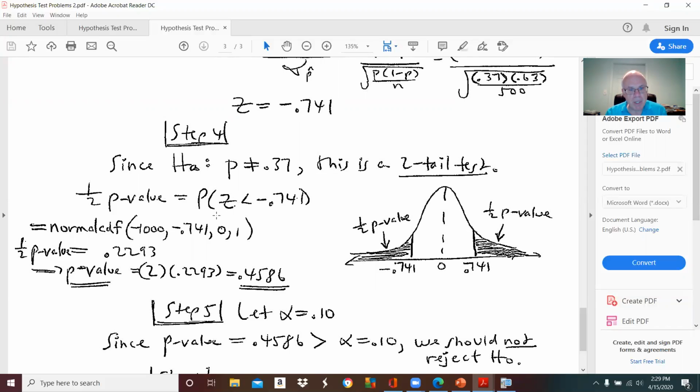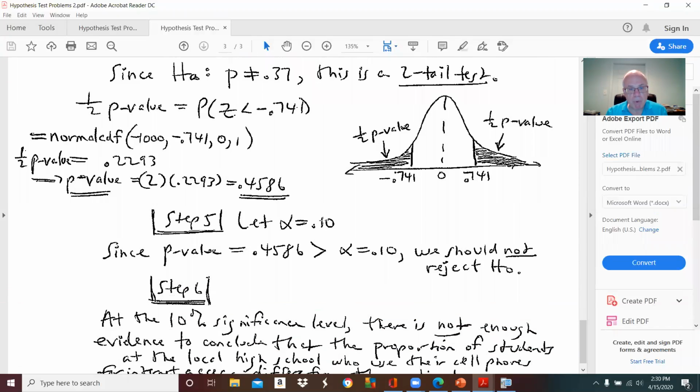Notice in a two-tailed test, that's going to be 1/2 the p-value because we have the other end also, which is the same area. When we calculate this left area here, it's 0.2293. We multiply it by 2, and this is the actual p-value because this area on the left is 0.2293. This area to the right is also 0.2293, and that means the p-value is 0.4586.